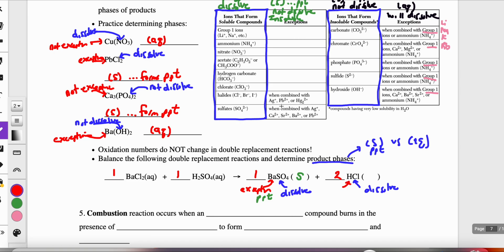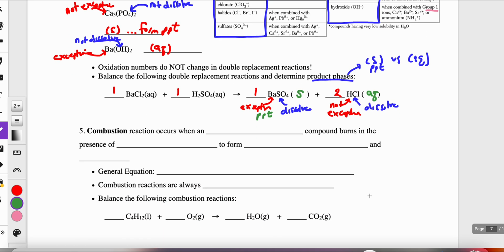When I look, it's not an exception. So chlorides typically dissolve. This is not an exception. So the HCl, as it's formed, will remain aqueous, or dissolved and blended in the water. So this is definitely a double replacement because one product is a precipitate and the other one remains dissolved.